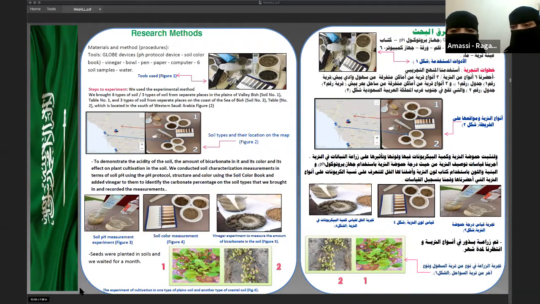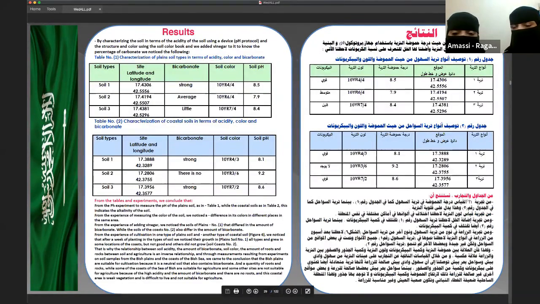Please, next, please. Table number 1 shows the degree of acidity in soil of the plains. Table number 2 shows the alkalinity of coastal soils. There was also difference in soil colors from the same place.